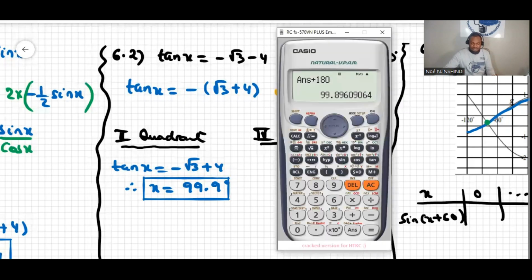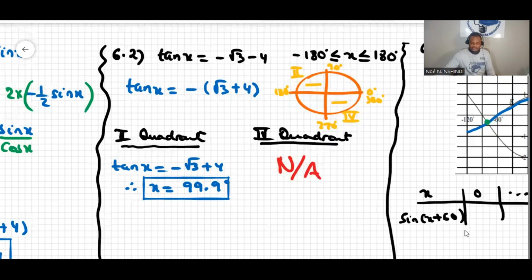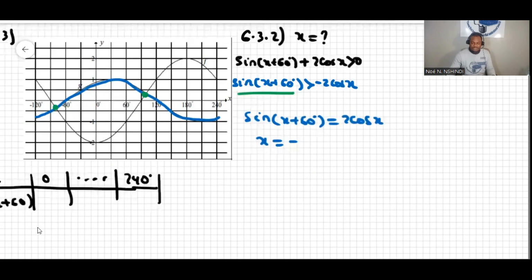Let's check it out. If I do 99.9 minus 180, that gives negative 80.1. So we have two values here, negative 80.1 and 99.9. Those are the points in the interval.